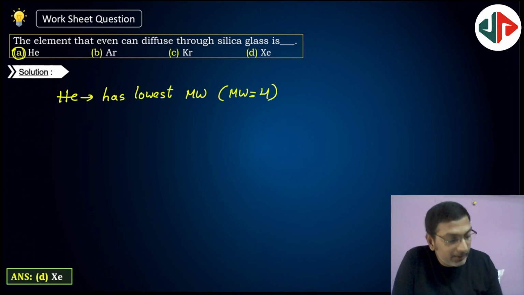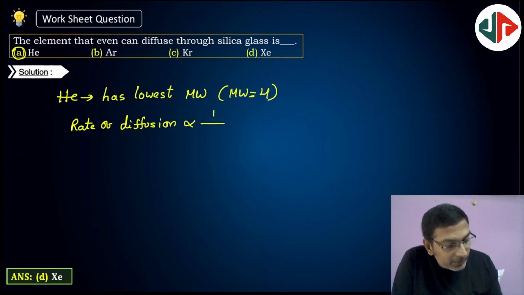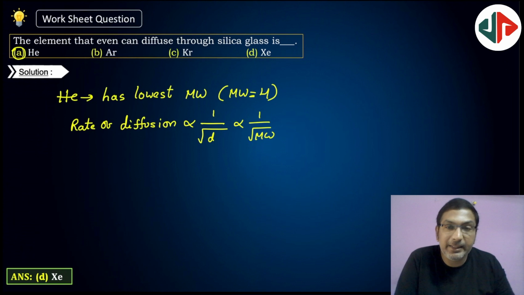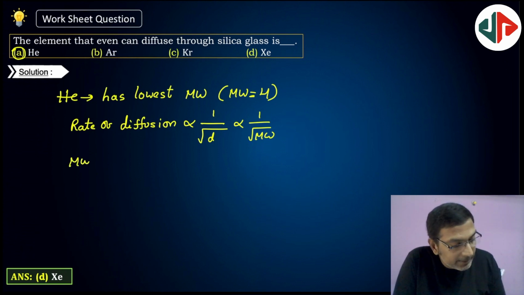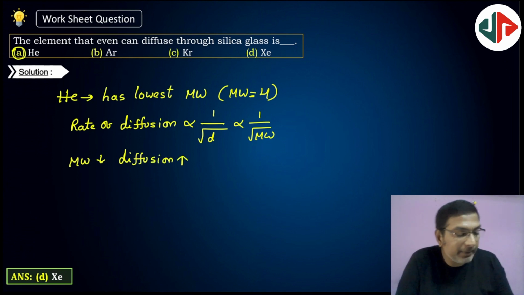So rate of diffusion is inversely proportional to square root of density or square root of molecular weight. So as the molecular weight decreases, diffusion increases. Therefore, helium even can diffuse through silica glass.